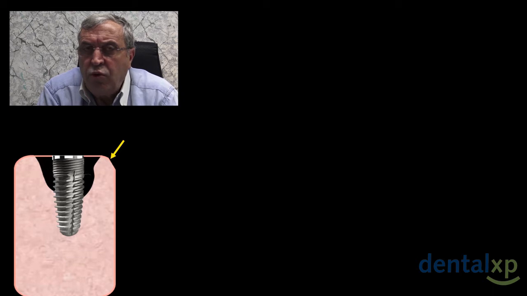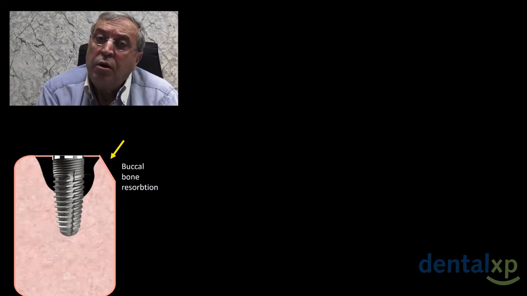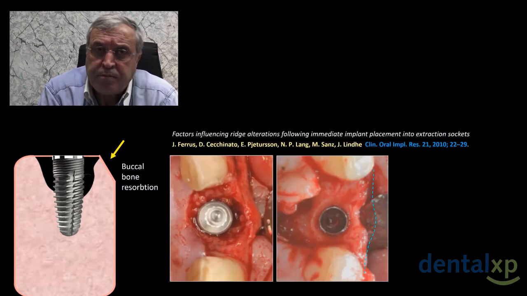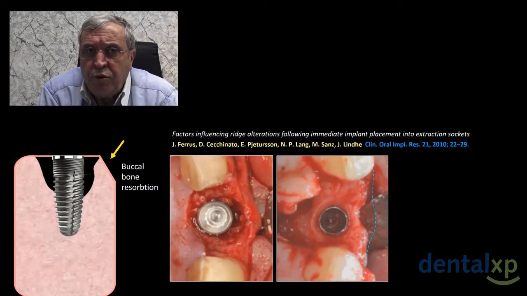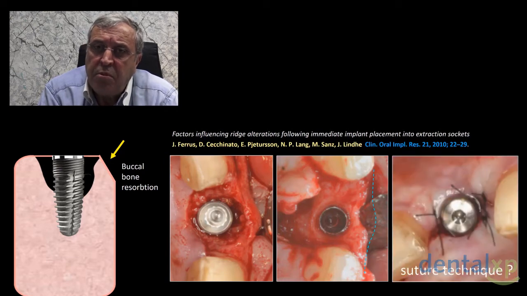Because when you put an implant and you try to close the gum, the flaps, you make a pressure on the crest. And the pressure, according to Mamoto's concept, will induce bone resorption. When you put an implant and you see the resorption, maybe it's because your suture technique is not good.